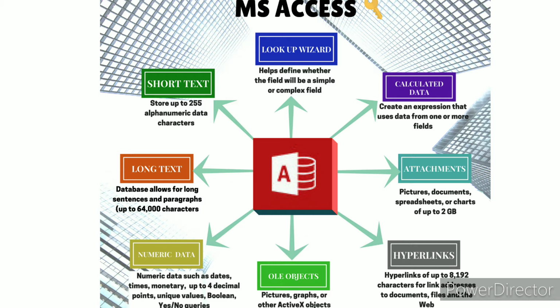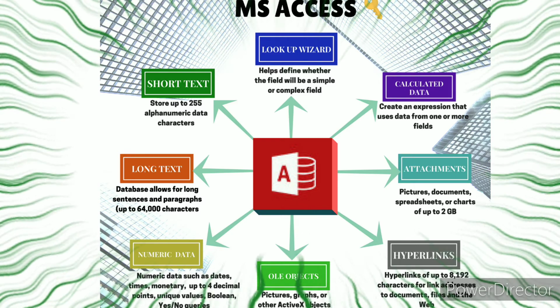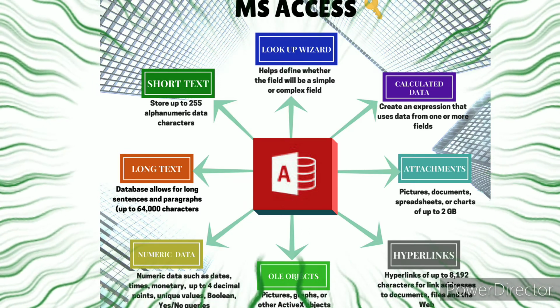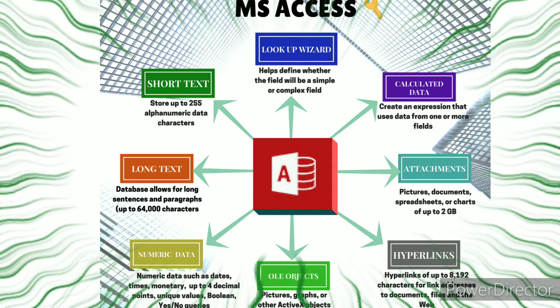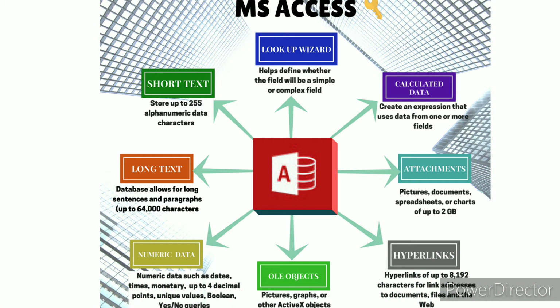Fifth type is yes or no. It stores only one of two values, either true or false. In this way, there are other data types too, like currency, OLE object, hyperlink, lookup wizard, and rich text.